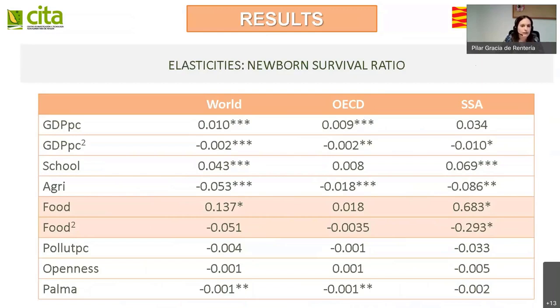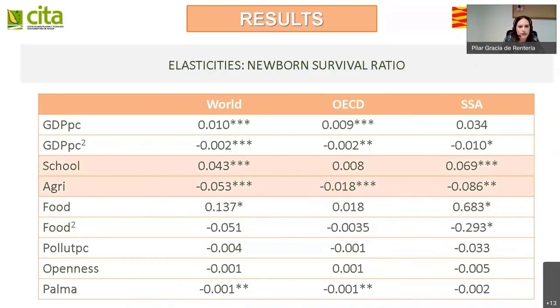And this effect is particularly pronounced in sub-Saharan countries, although the impact of this variable is progressively weaker as per capita consumption of calories increases, as you can see by the negative coefficient of the quadratic food variable.